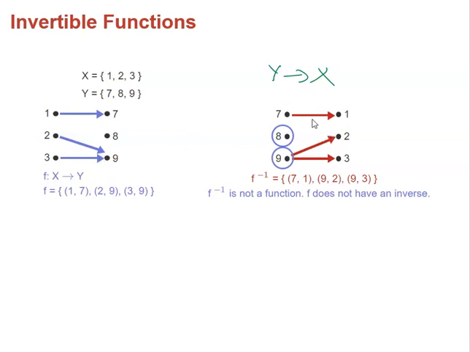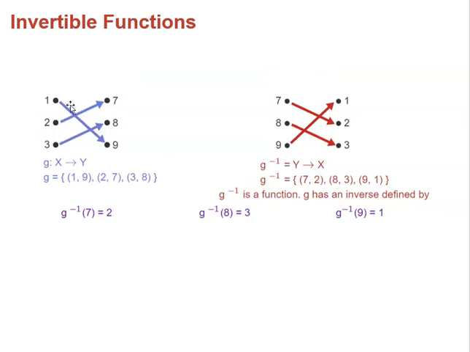If you invert the arrows, such that 7 goes to 1, and then 9 goes to 2, and then 9 goes to 3 as well, this actually violates the definition of a function, because a single element is mapping onto two elements. So this is not a function. As we have discussed, if a single element maps onto two elements, then it's not even a function. Therefore, its inverse does not exist. F does not have an inverse.